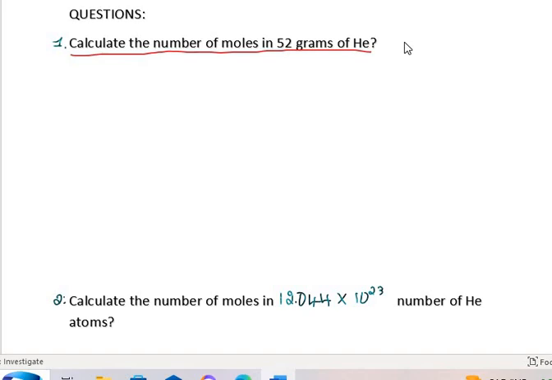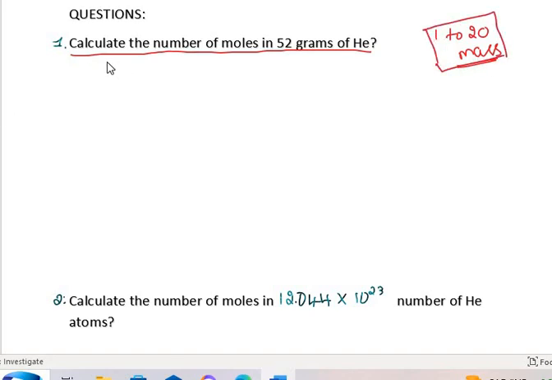You need to learn the mass numbers from atomic number 1 to 20. In some textbooks or exam papers, the mass number of helium is mentioned in the question itself. In case the mass number is not mentioned, you need to memorize the mass numbers of elements 1 to 20.